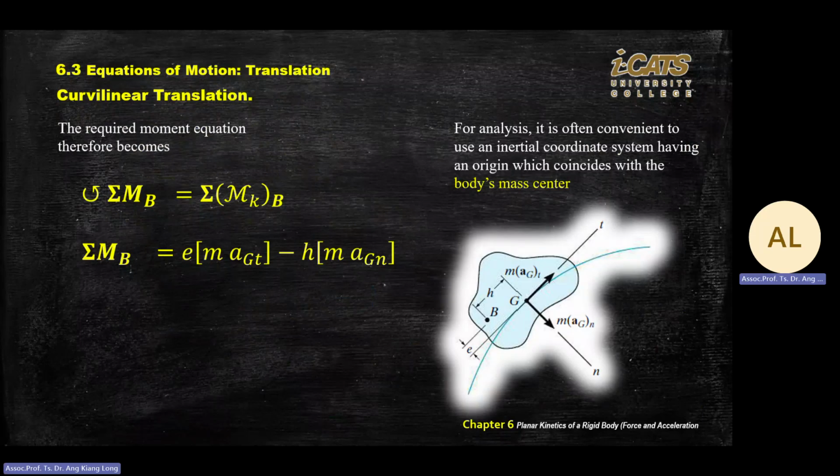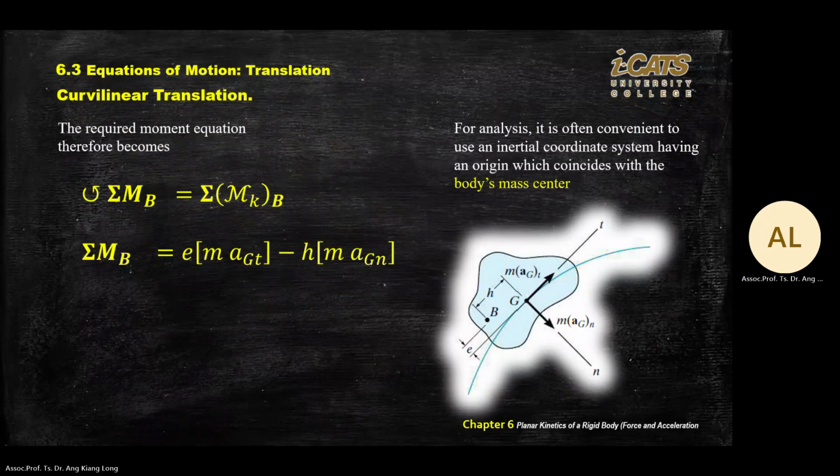In your final exam, you will be given μs that you see in statics. There will be a question where you need to find whether the object is moving or not, and what happens if it moves.